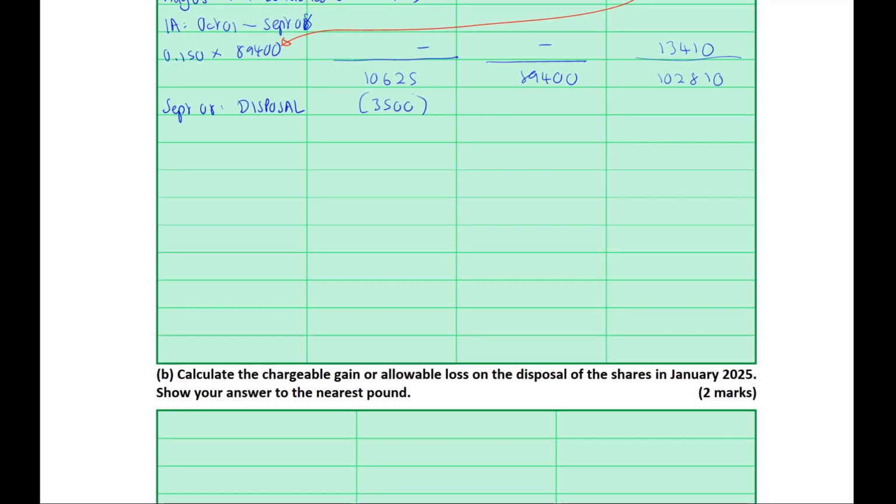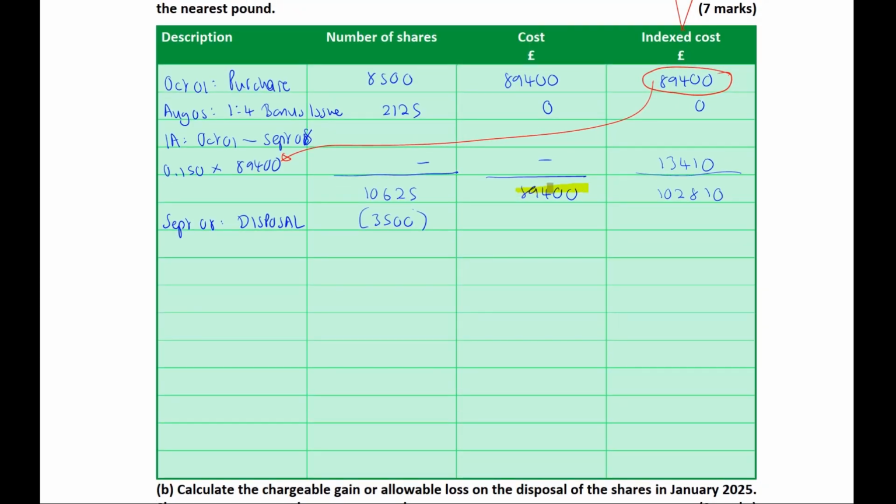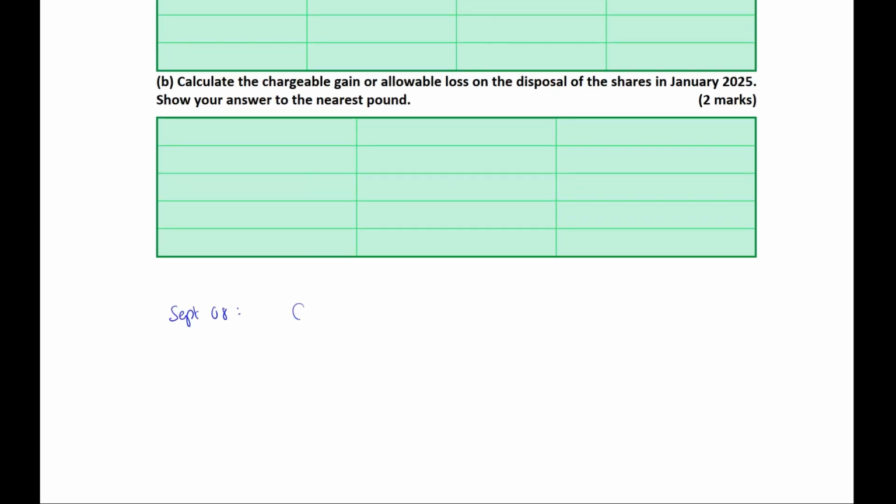One approach is to say, well, I can see that there's a cost of £89,400 relating to 10,625 shares. So if I started by calculating the cost per share, as in the cost of one share, think of the per as being a divide. So I take the cost divided by the shares.